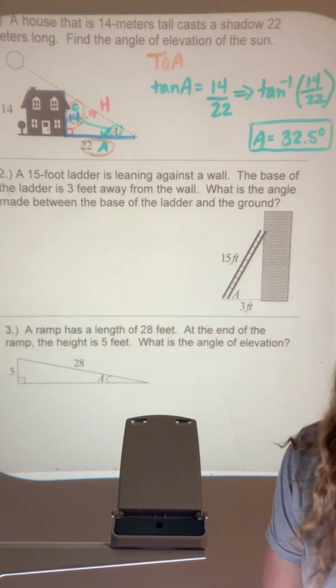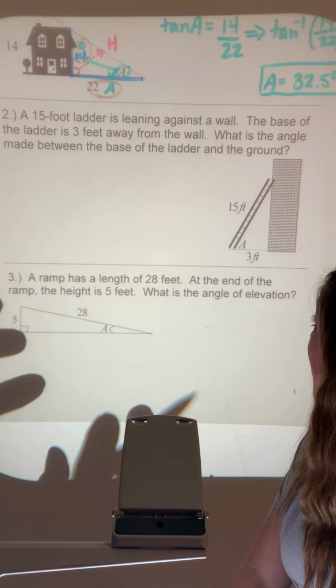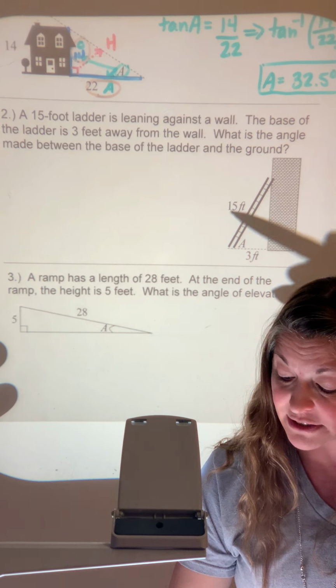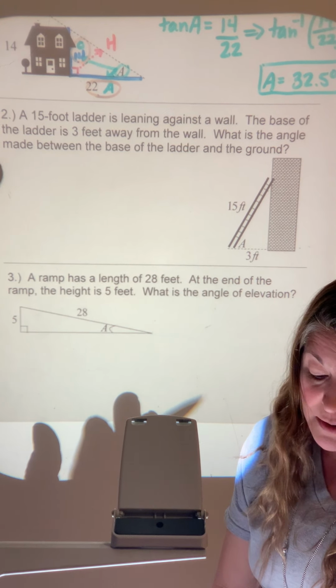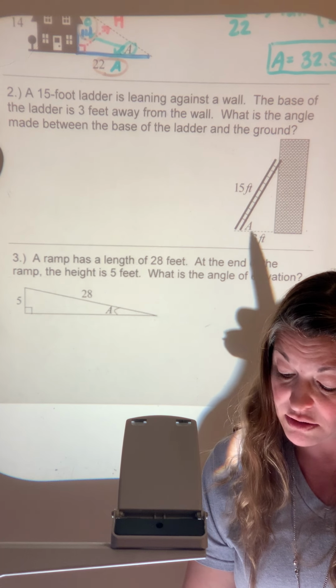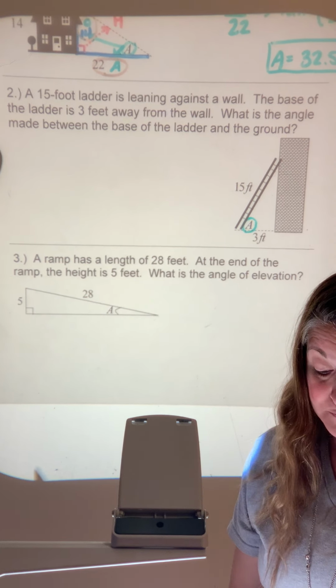All right, let's move on to number 2. Number 2, we've got a 15-foot ladder and it is leaning against a wall. So here's our ladder, here's our 15-foot. The base of the ladder is 3 feet from the wall, right here, and we want this angle measure here.